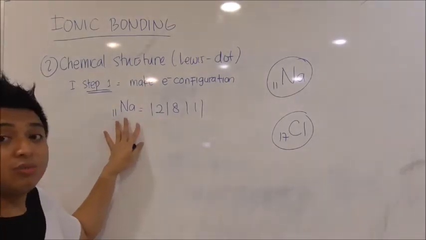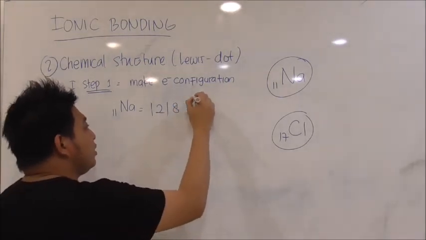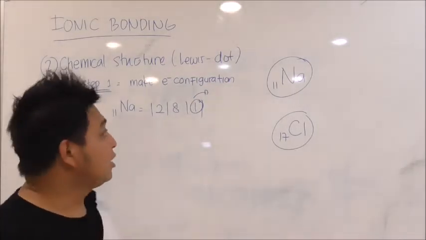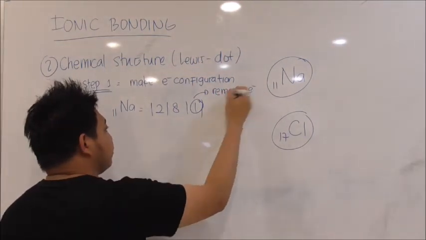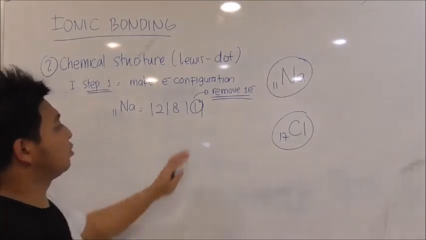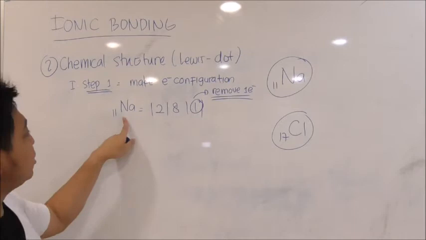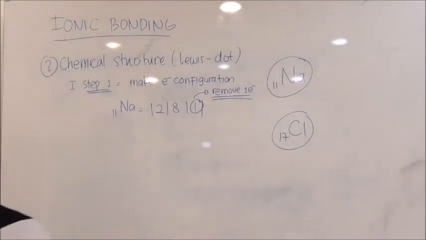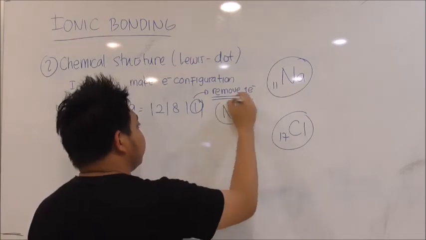Now, sodium needs to become octet. The only thing sodium can do is remove 1 electron. When you remove 1 electron, it becomes an octet. So sodium loses an electron.